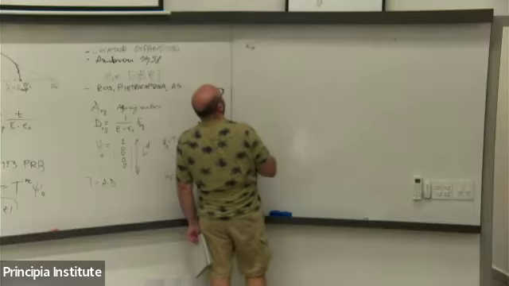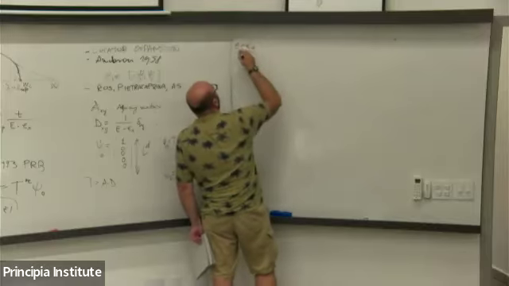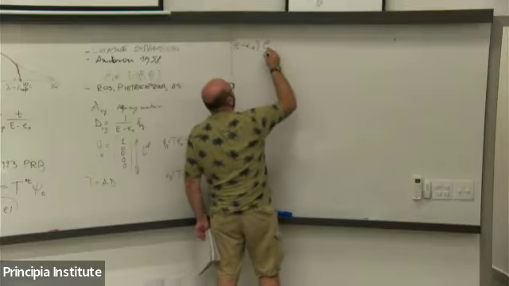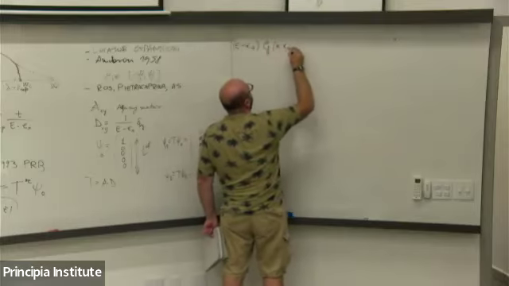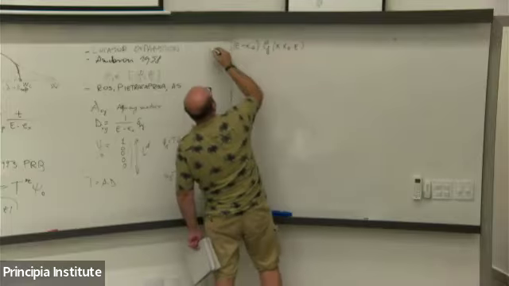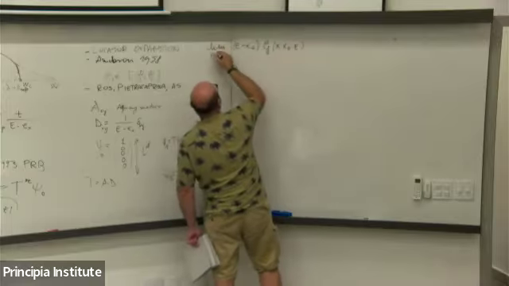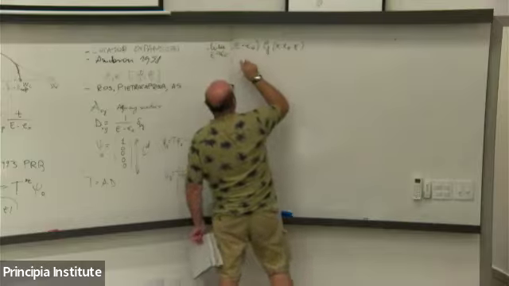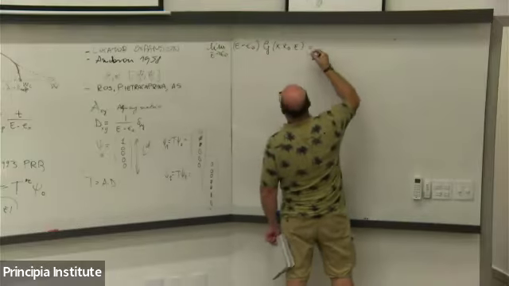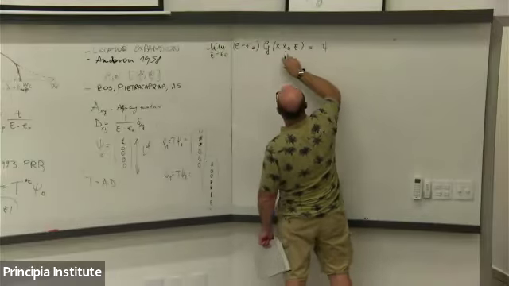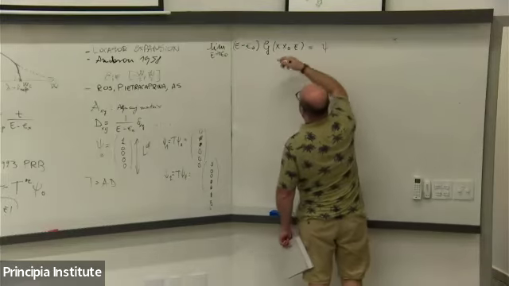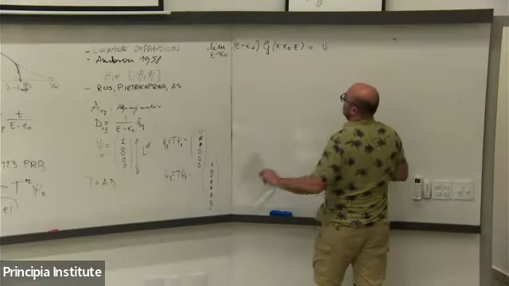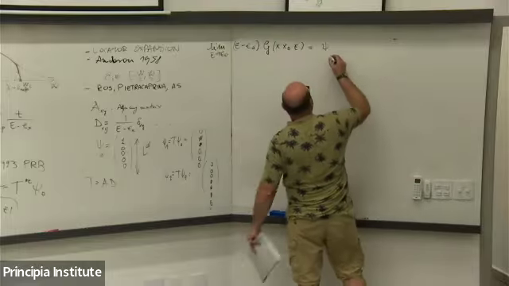If I do E minus epsilon 0 times the propagator x0 E, and then I take the limit E goes to epsilon 0, I isolate the wave function at energy epsilon 0.